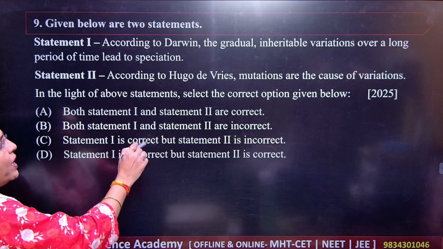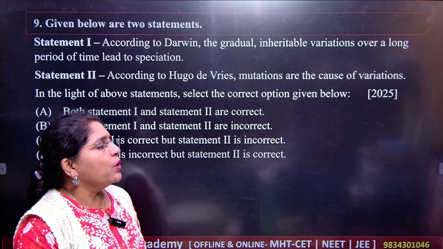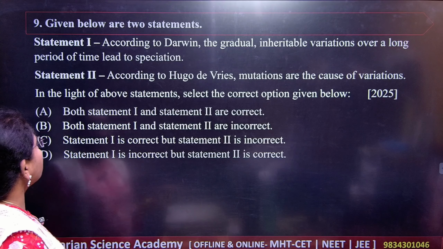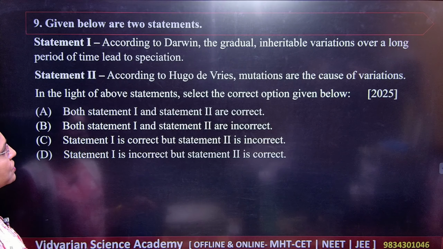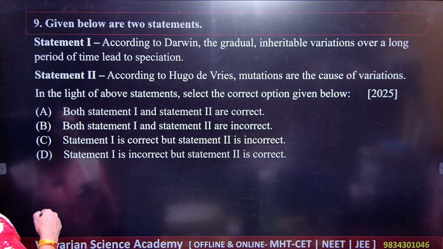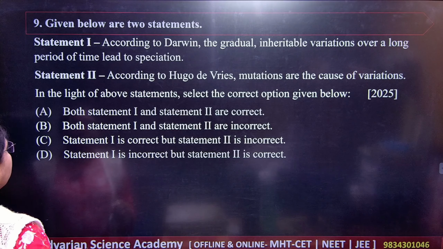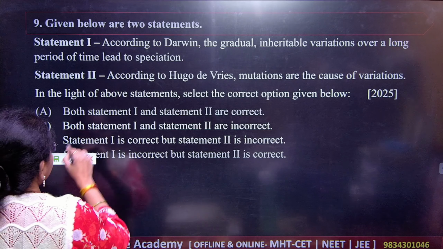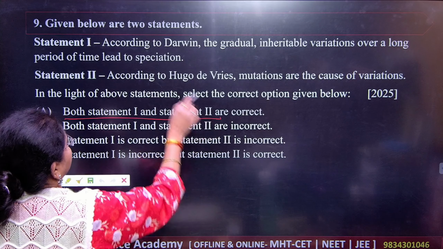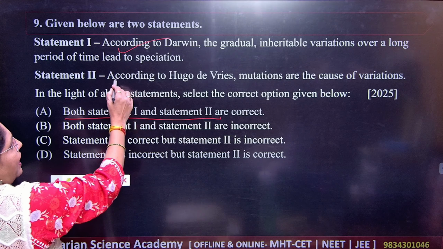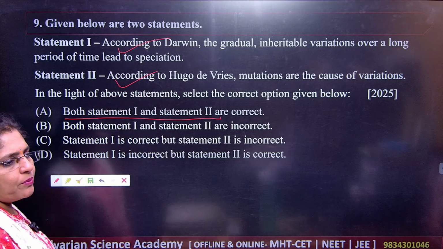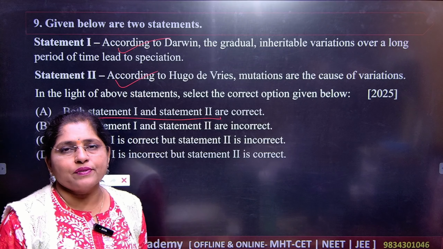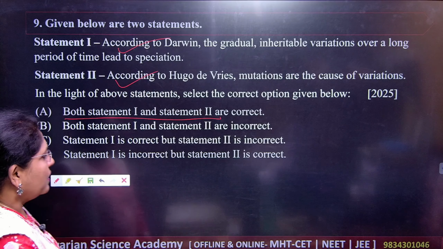Statement two: according to Hugo de Vries, mutations are the cause of variations in life. You are supposed to choose the correct alternative here. So students, both these statements are correct. This is correct for Darwin, and this is also correct for the mutational theory, that the variations we are getting are a result of gene mutation.